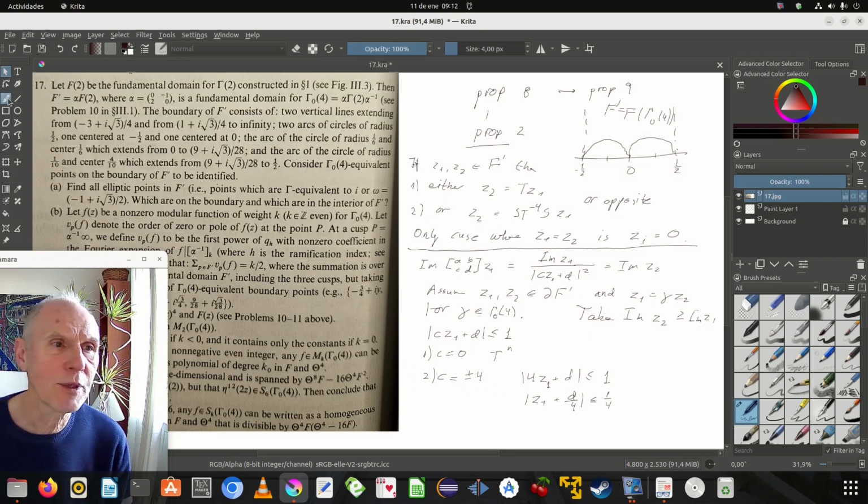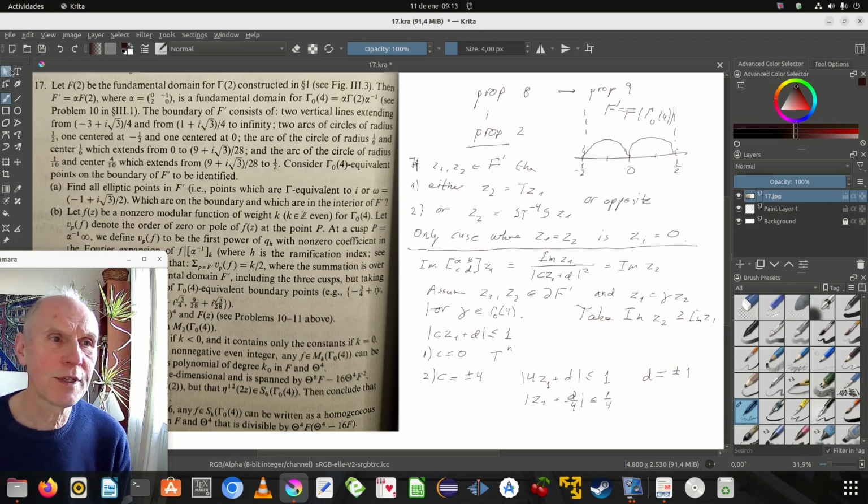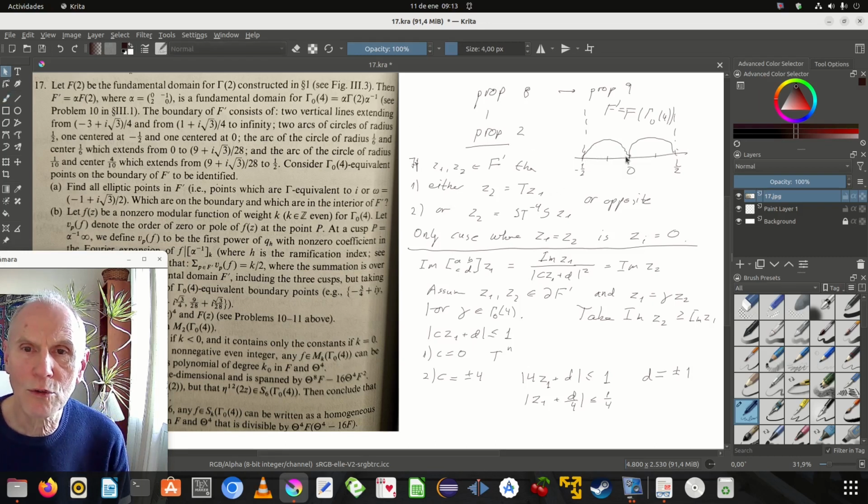So we are left with d equals plus minus 1. And of course, if d is larger, then we get smaller circles.